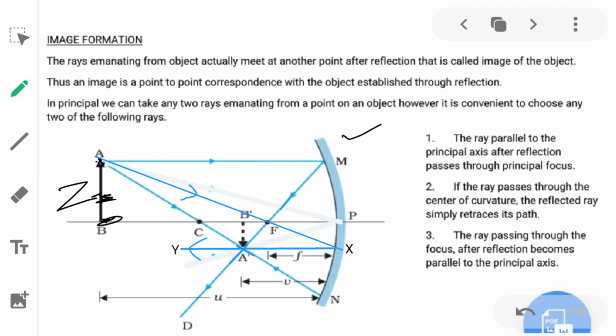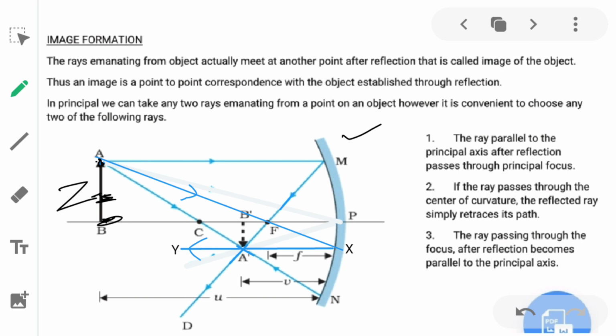In case of lenses, the same thing we can say, but that is established through the refraction. Here in case of mirror, it is established through the reflection.